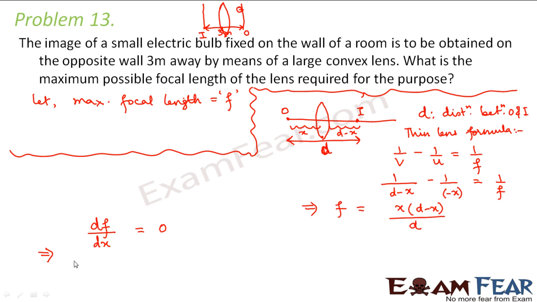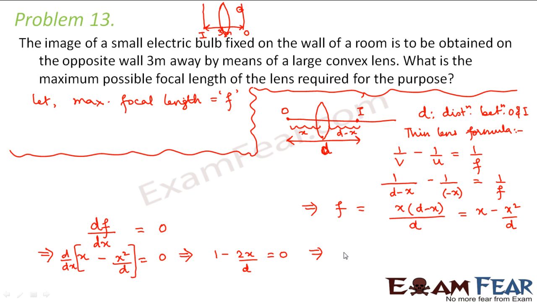So if you calculate df by dx, because f is nothing but x minus x square by D, d by dx of this comes out to be 1 minus 2x by D is equal to 0.